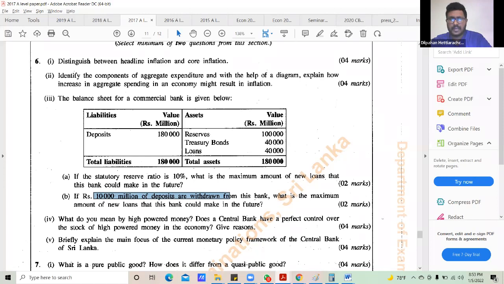So then what do we have to do for this balance sheet? We have to deduct 10,000 million. From where? We have to deduct it from two places. One is deposits. When one person gets back the money he has deposited, then definitely deposits should reduce by 10,000.